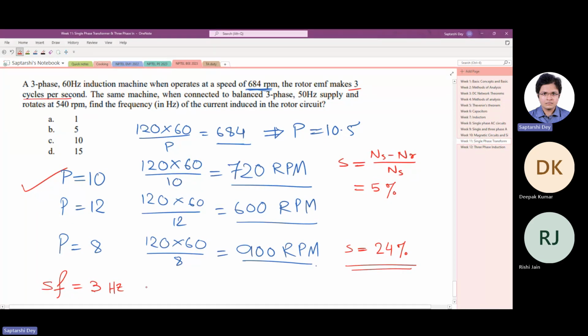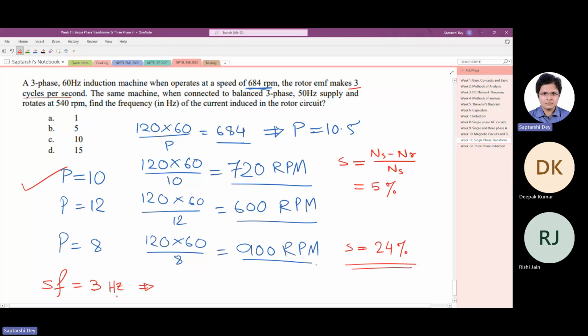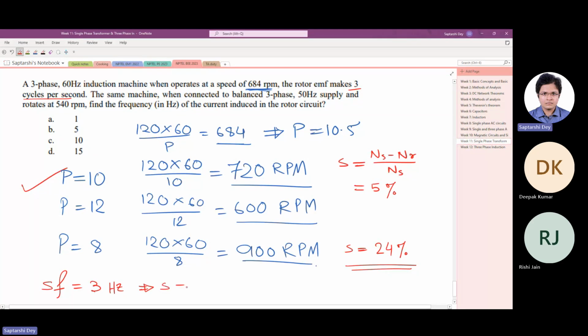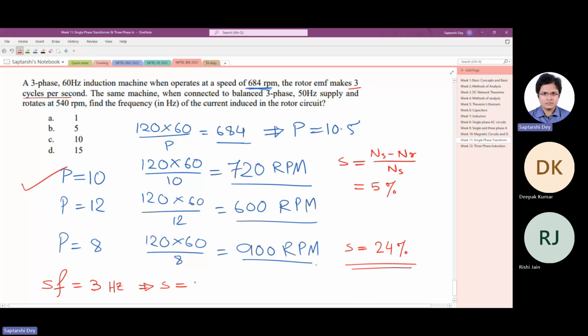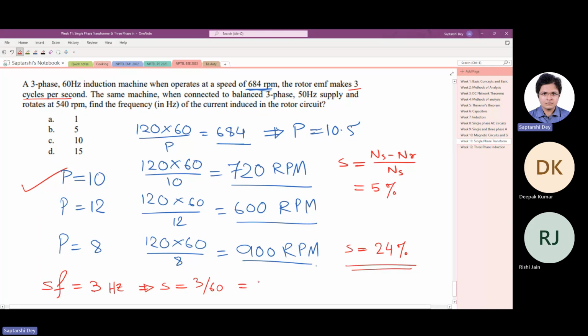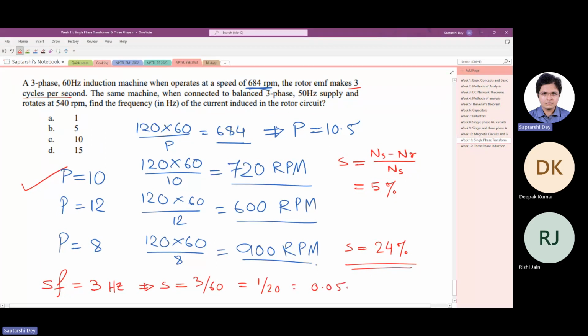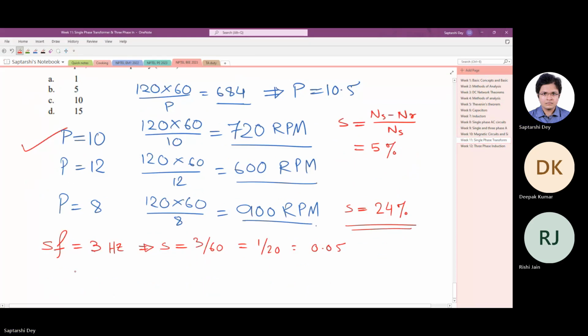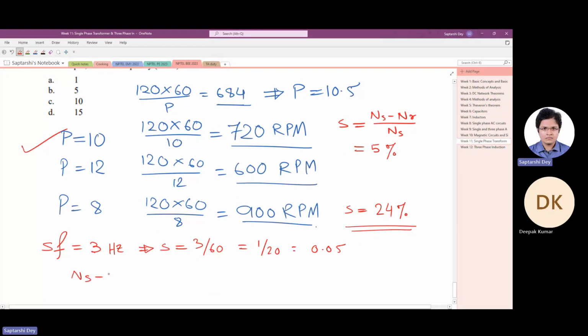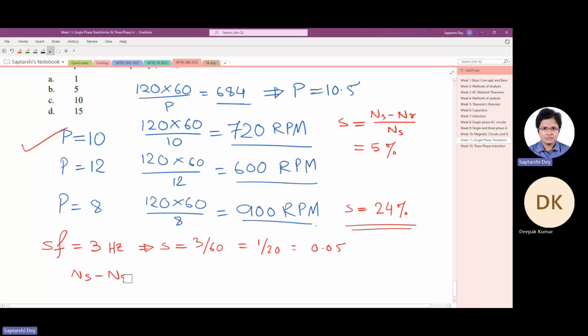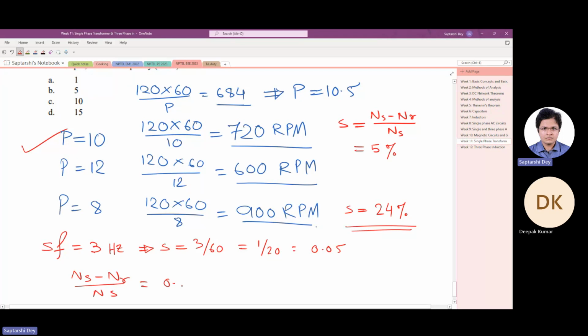What they wanted you to do is, SF they have given you, AF is known. So slip you find out. Slip is 3 by 60, which is 1 by 20. It is 5% that we just found out. Now, once you know the slip is 5%, you know that (NS minus NR) by NS is 0.05.